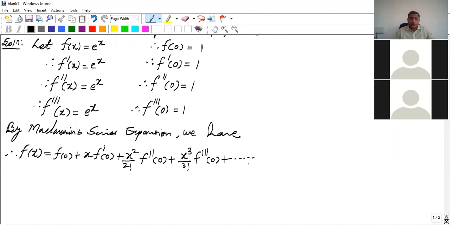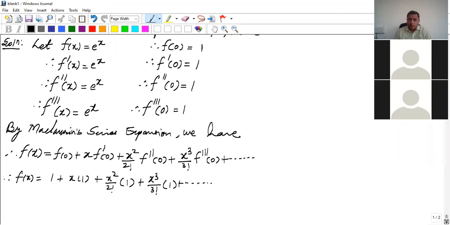Now put these values. So f of x is equal to 1 plus x into 1 plus x square by 2 factorial into 1 plus x cube by 3 factorial into 1 and so on.